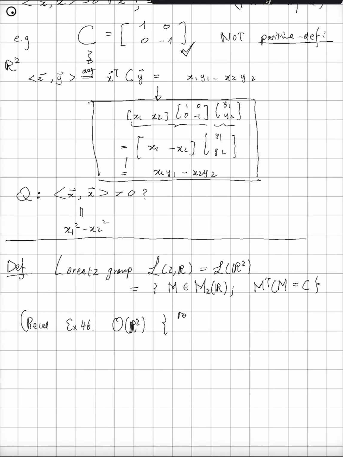There are two types: rotations and reflections. Similarly, in a sub-exercise, you could classify all the matrices in this Lorentz group and show that there are four types.